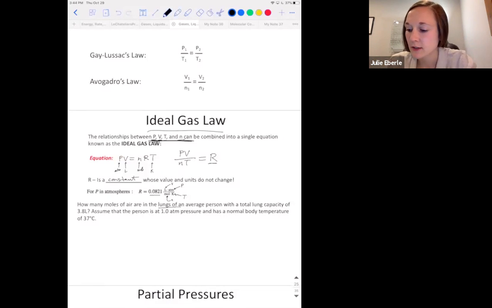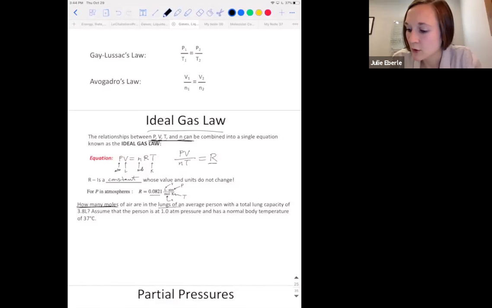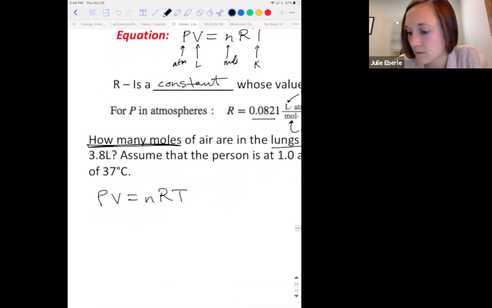So how do we solve this? First off, what are we solving for? Moles. How many moles? So which variable is that? P, V, N, or T? N. Thank you, chat. So let's rearrange the equation to solve for N. How do we get N by itself?